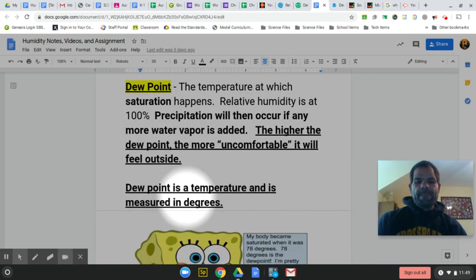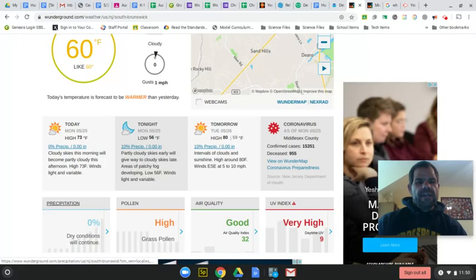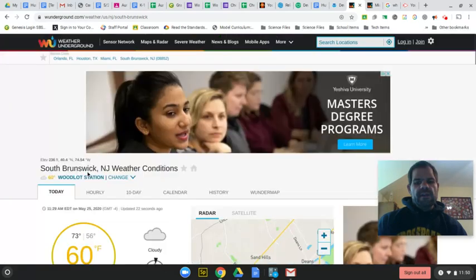Okay, so now I'm going to go to a weather report. This weather report from Weather Underground is for your South Brunswick area, and it's about 11:30 on Monday.